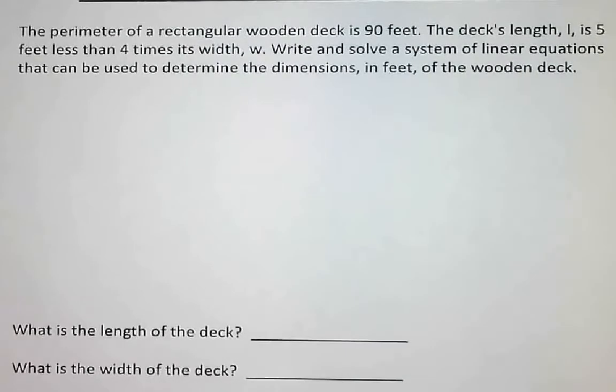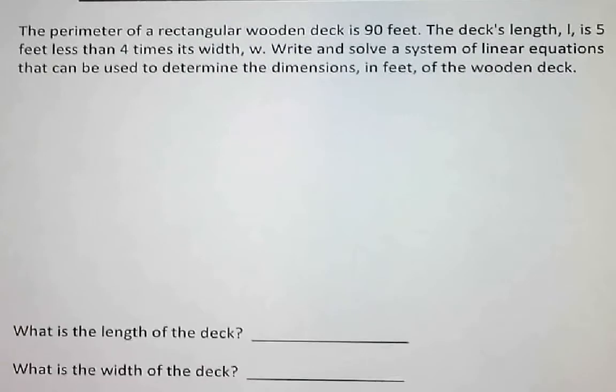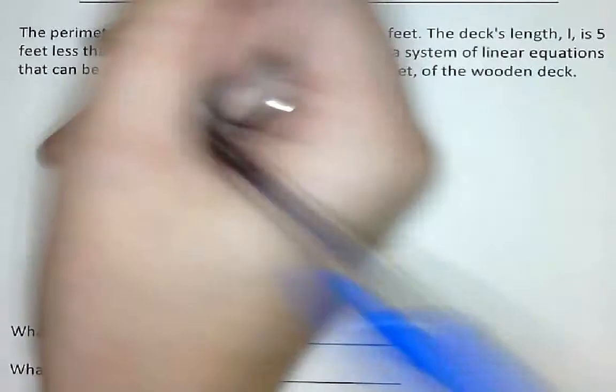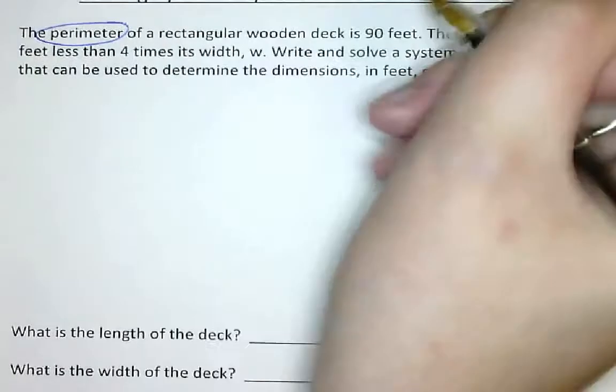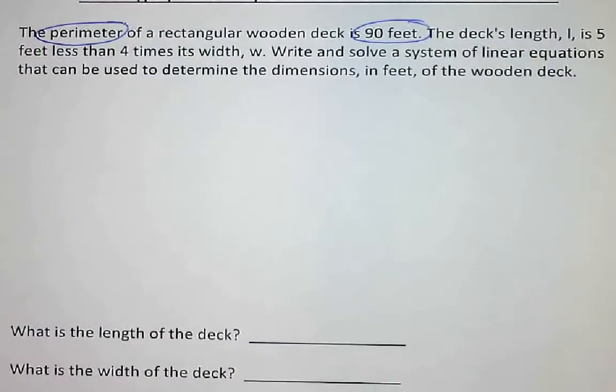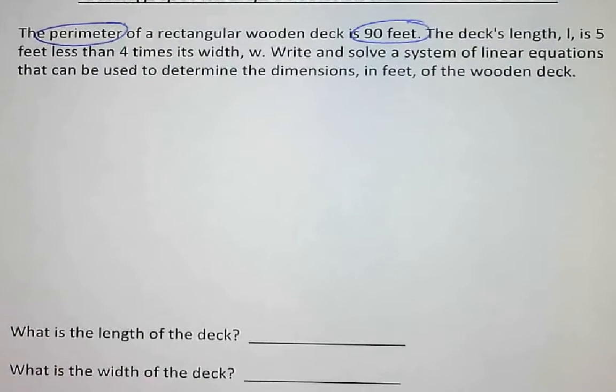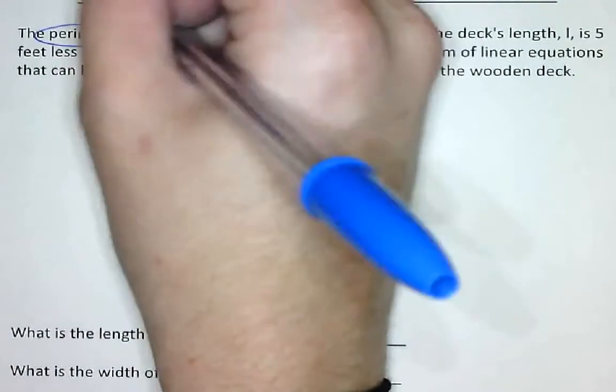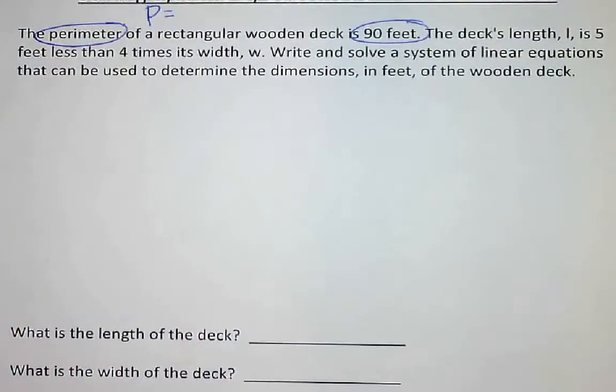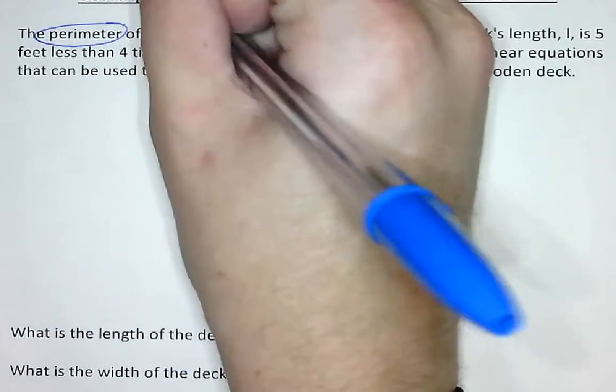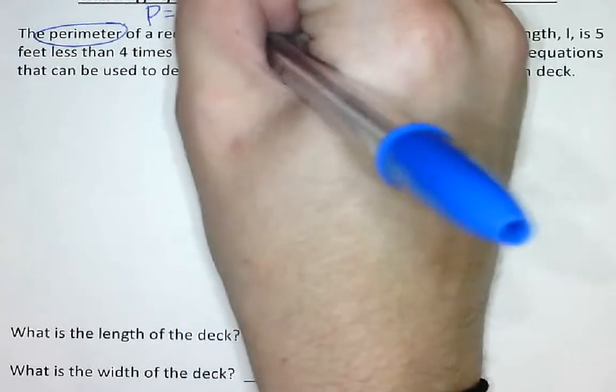All right, guys, so we know perimeter is 90 feet. So this is going to require a little bit of pre-knowledge here. What is the equation for perimeter, y'all? P is equal to 2L plus 2W. You guys good with that? So that requires a little bit of pre-knowledge.